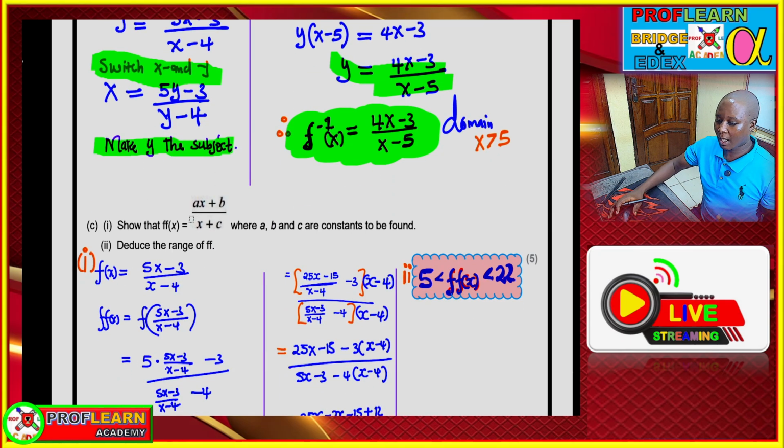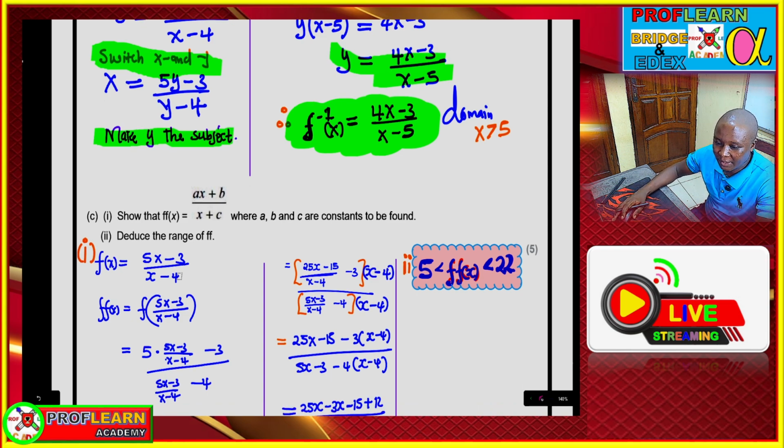Show that f of x, composed with itself, equals x plus c, where a, b and c are constants to be found. Now this is a concept to do with composite functions.